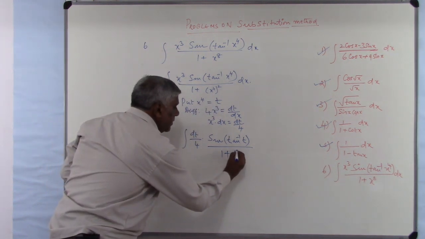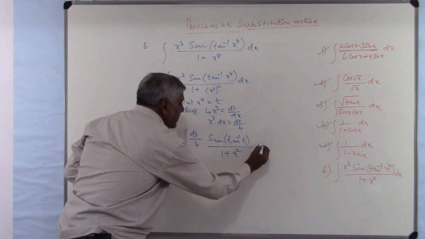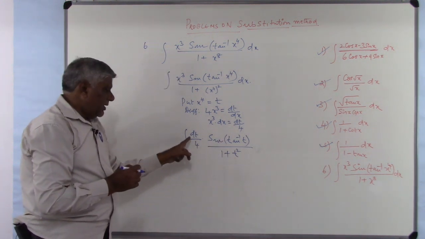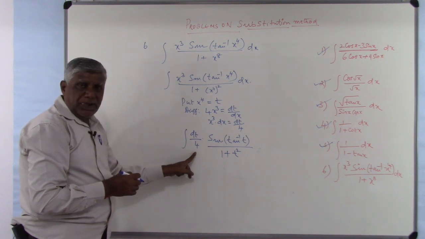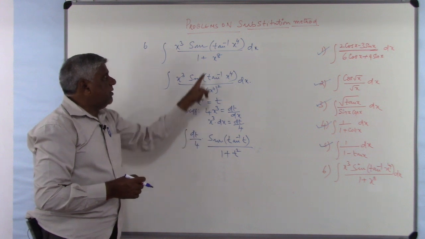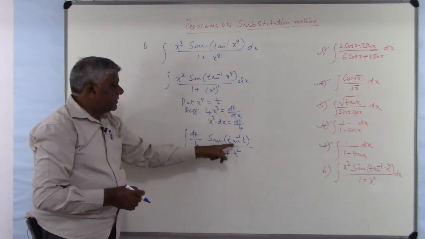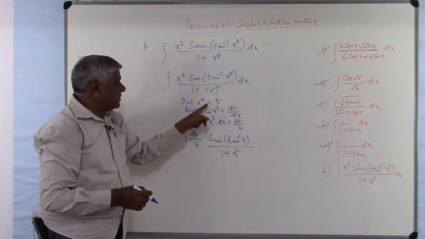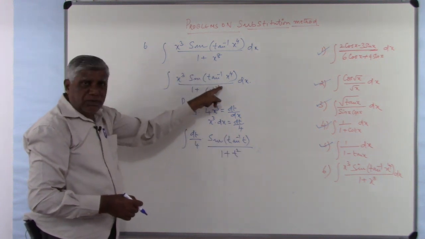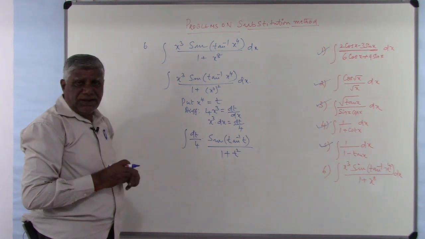So this becomes t square. Agreed? So dt by 4, because x cube dx, sine of tan inverse x to the power of 4 is t, divided by 1 plus t whole square, is nothing but t square.